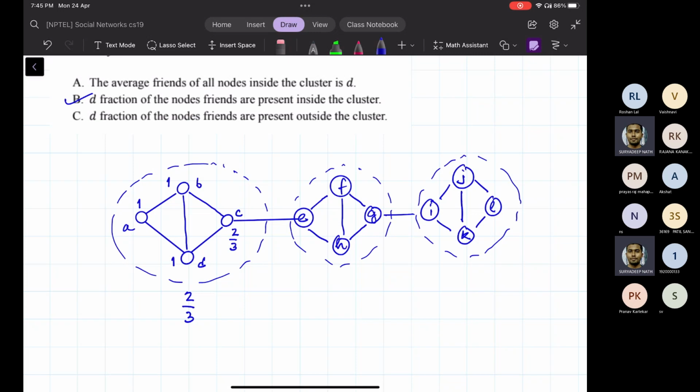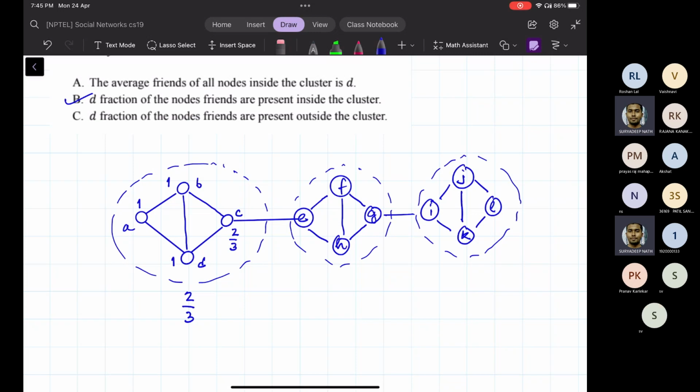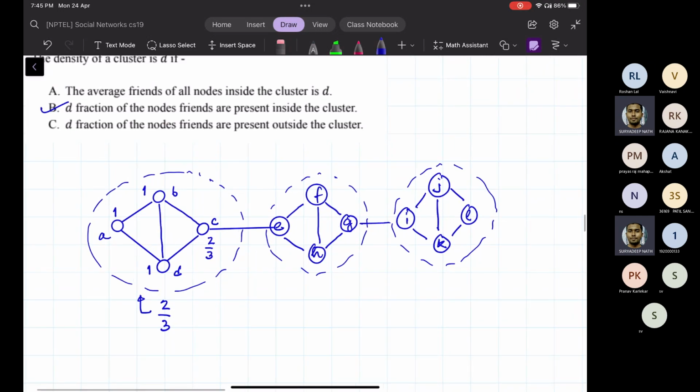So this is the cluster density of this cluster, two-thirds. Similarly, if you look at E, it is two-thirds the fraction of friends within the cluster. For H it is one. Again for G it is two-thirds. So this would be two-thirds. For I it is again two-thirds, and for the rest of them it is one. So this is also two-thirds. So all of them have cluster density two-thirds. I hope that answers your question.